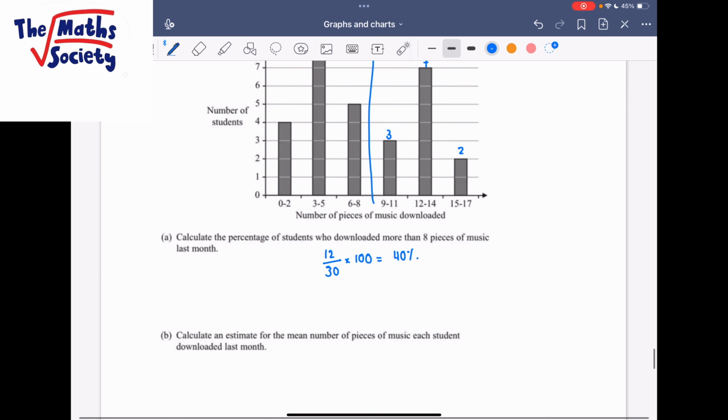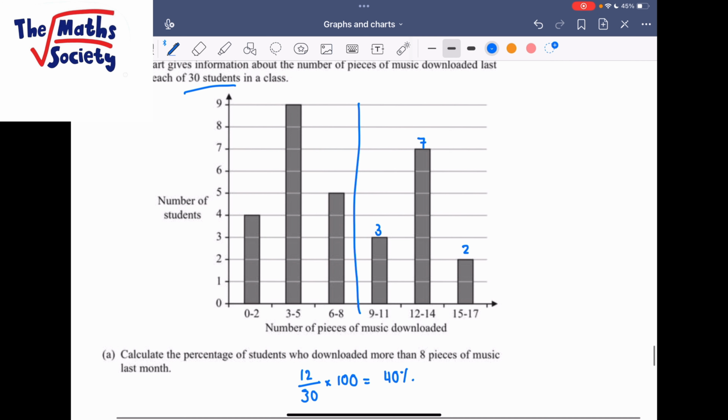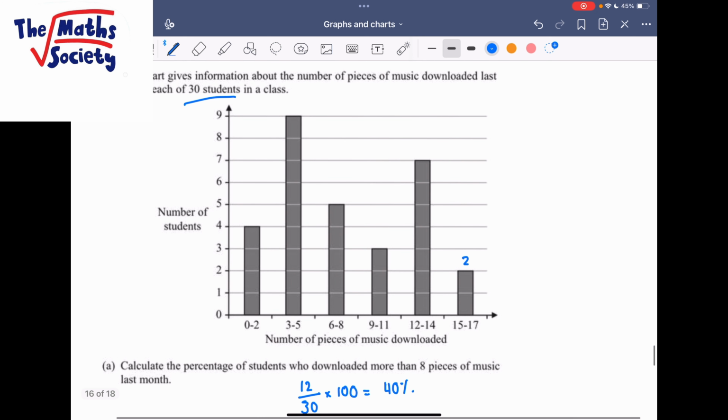And now it says calculate the estimate mean as well. So we need to find the mean the same way as we always do. We're just going to try to find it from right here first. Let me just erase this back. So here, finding the mean, it's going to be 4 for this one. So it's going to be 36 when you multiply them. That's 6 to 8, so that's 7.5, 35. 9, so that's 10 multiply 3, 30.